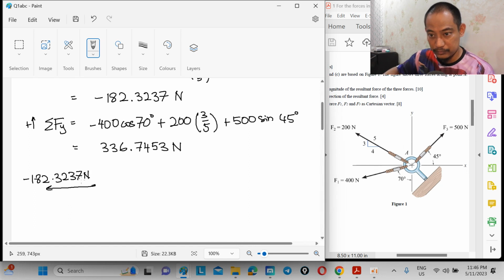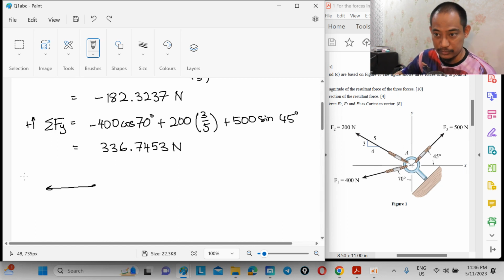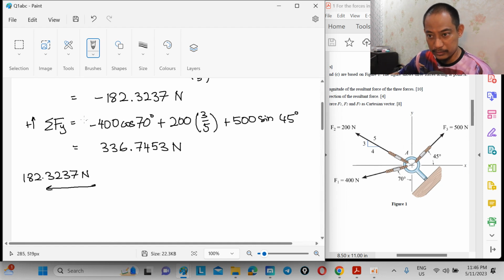We have 182.3237 Newton. A negative doesn't make sense in this case, because negative is to the left, so the value is 182.3237 Newton, and then upwards.